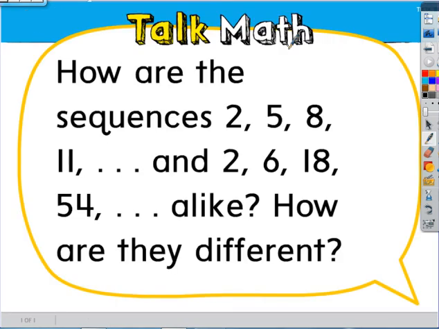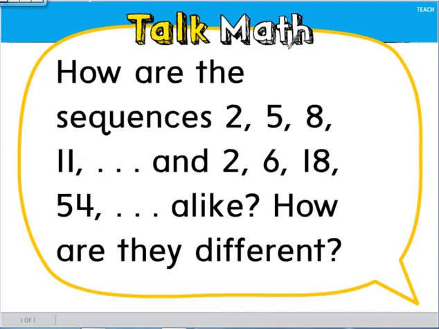All right. It says now, how are these sequences, 2, 5, 8, and 11, and 2, 6, 18, and 54, alike? How are they alike? We've talked about this already.